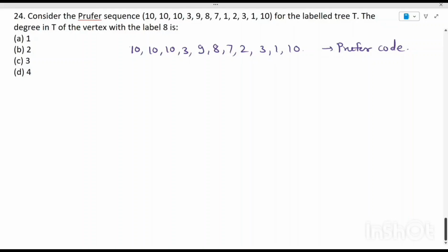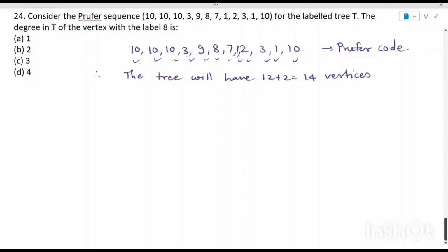Here the number of terms: 10, 10, 10, 3, 9, 8, 7, 1, 2, 3, 1, 10, that is 1, 2, 3, 4, 5, 6, 7, 8, 9, 10, 11, 12. That means the tree will have 12 plus 2, that is 14 vertices.